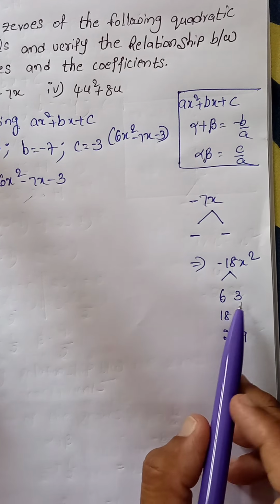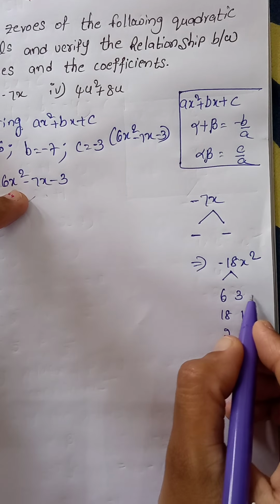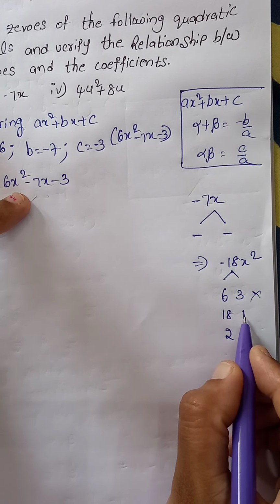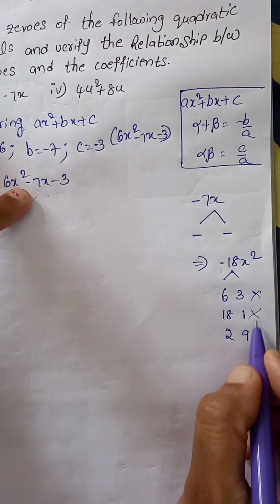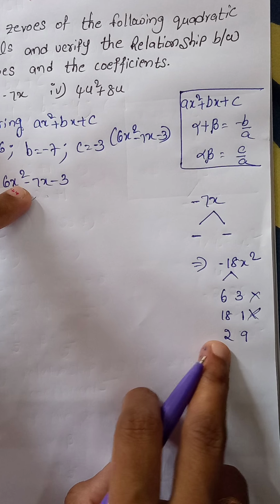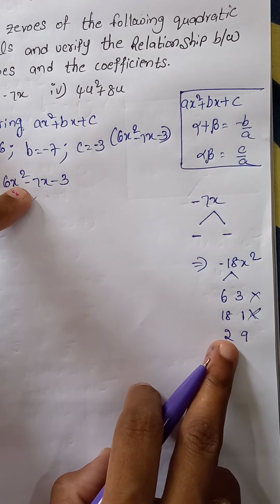First check. When you add 6 plus 3, will you get minus 7x? No, it is not possible. Next, when you add 18 plus 1, that is 19. It is not minus 7. So it is cancelled. Next, when you take 2 and 9, if you subtract 2 from 9, 9 minus 2 equal to 7.